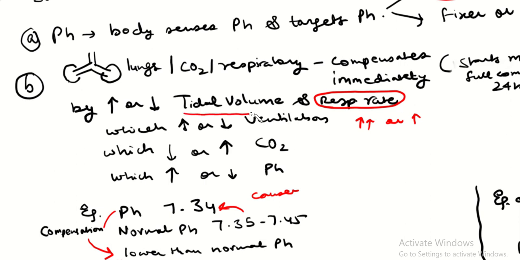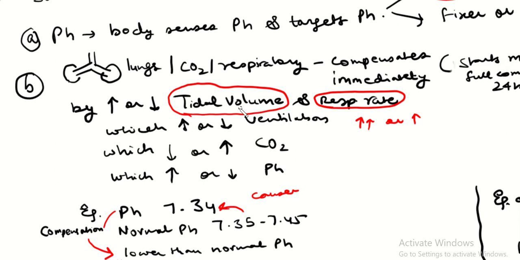Tidal volume is the amount of breath I take, the volume of breath I take per breath. So if I increase my respiratory rate and or I increase my tidal volume, I increase the amount that I ventilate. If I decrease both of them or any of them, I decrease the amount that I ventilate.